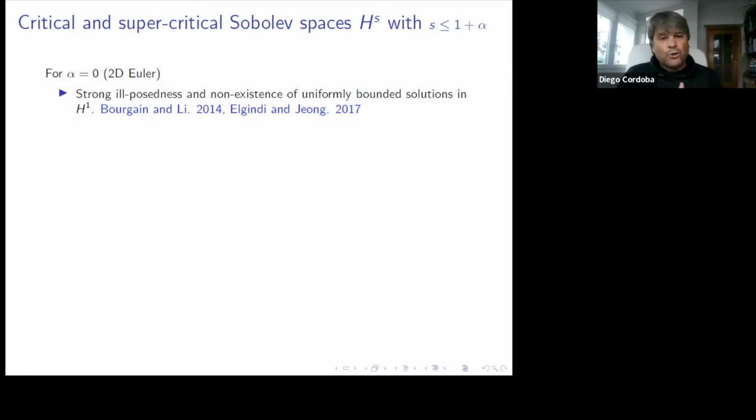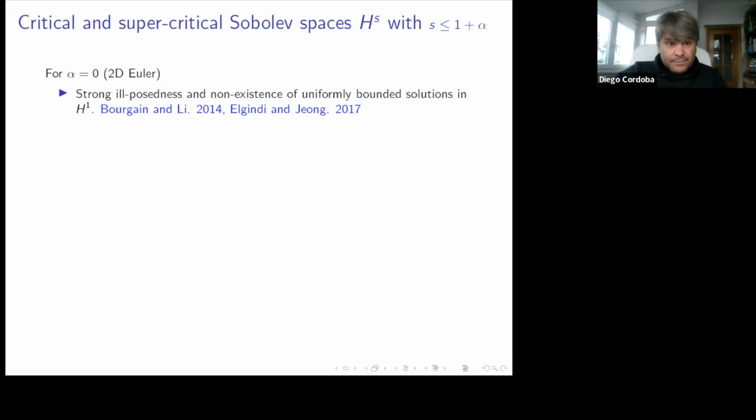For alpha equal to 0, the Euler equation, there is a celebrated work by Bourgain and Li, and later, with a different proof, Elgindi and Jeong proved similar results, where they prove strong ill-posedness in H^1, the critical space H^1, and non-existence of uniformly bounded solutions in H^1.